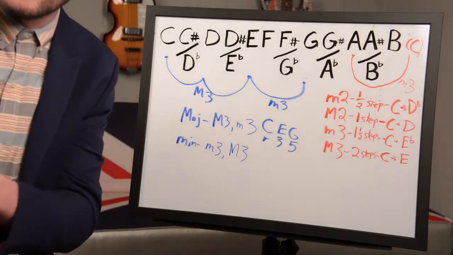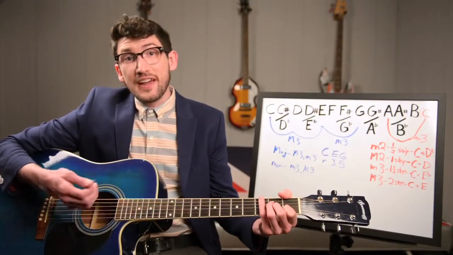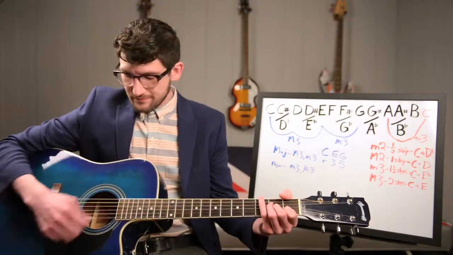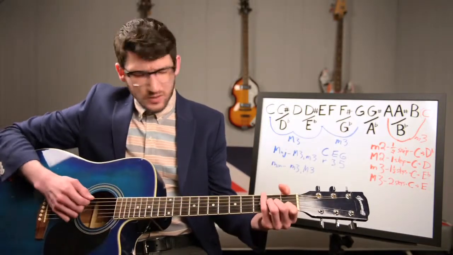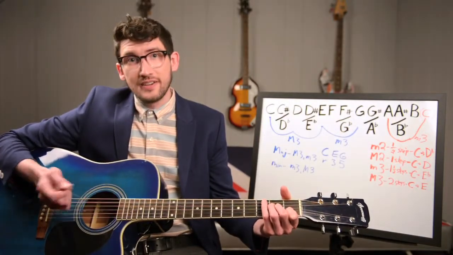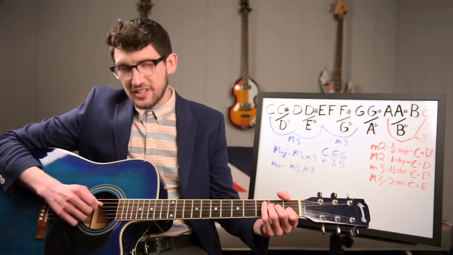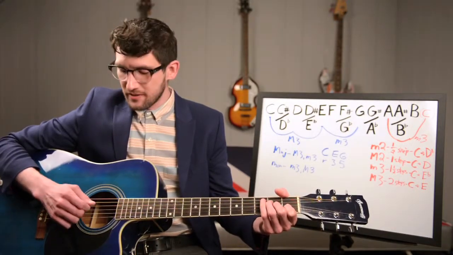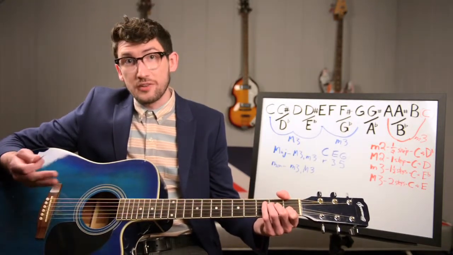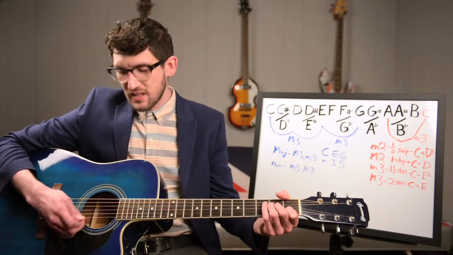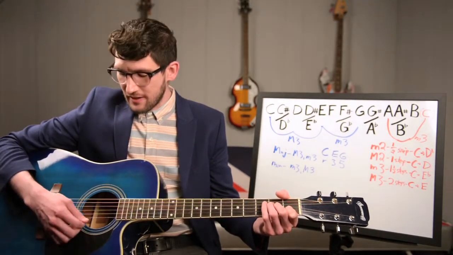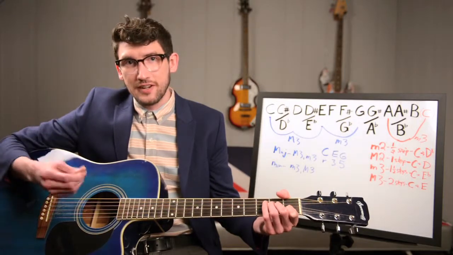A, C, E. So let's look at an A minor chord on the guitar. So what do we have here? We have our root, A, on the A string. We have E, our fifth, on the D string. We have another A, so another root, on the G string, a C on the B string, and finally an E, our fifth, on top.